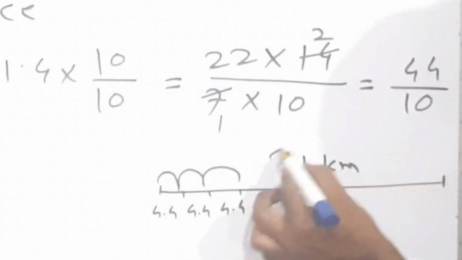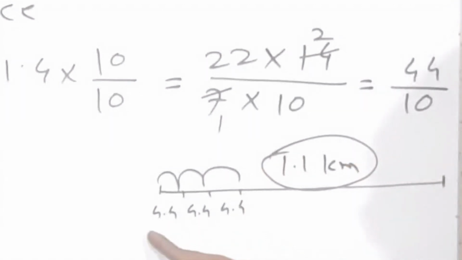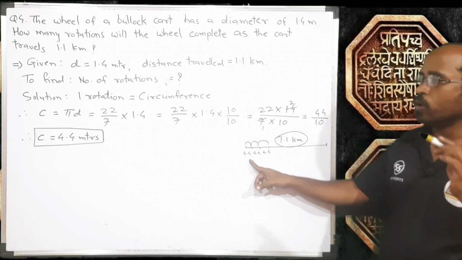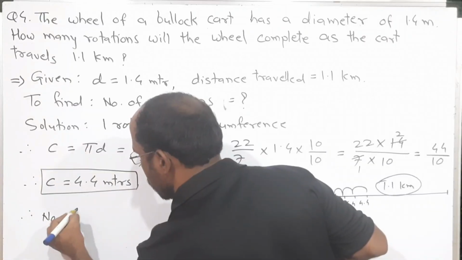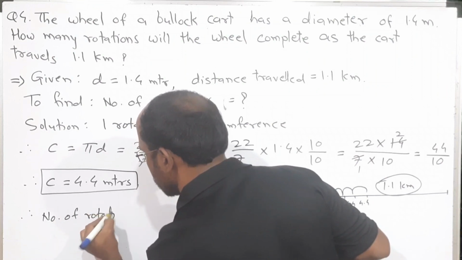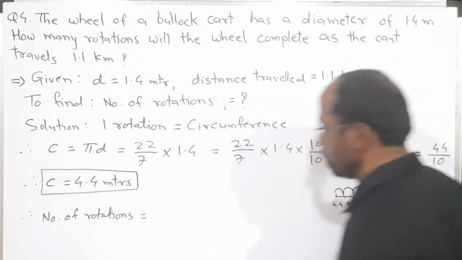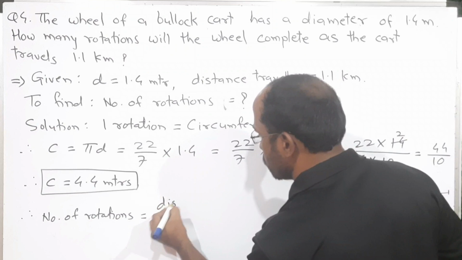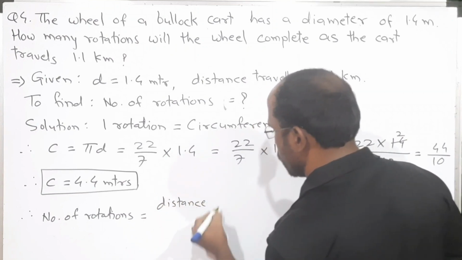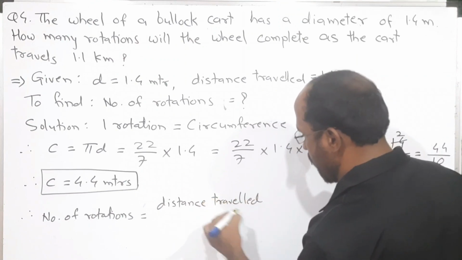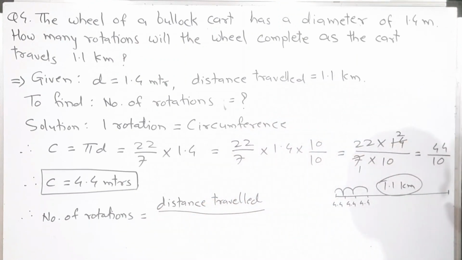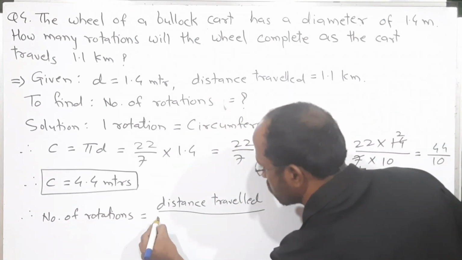We have to divide this total distance by the distance covered in one rotation, right? So number of rotations is equal to total distance traveled divided by the distance in one rotation.